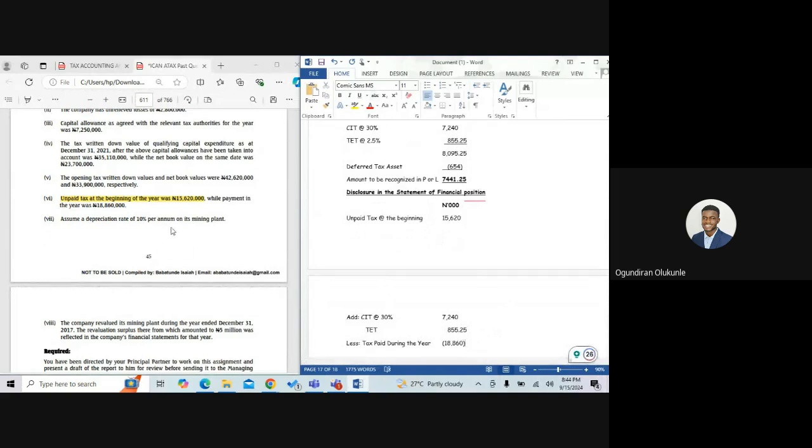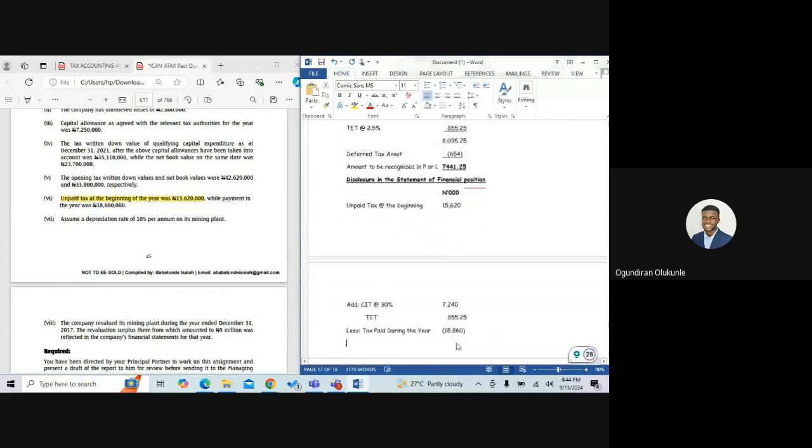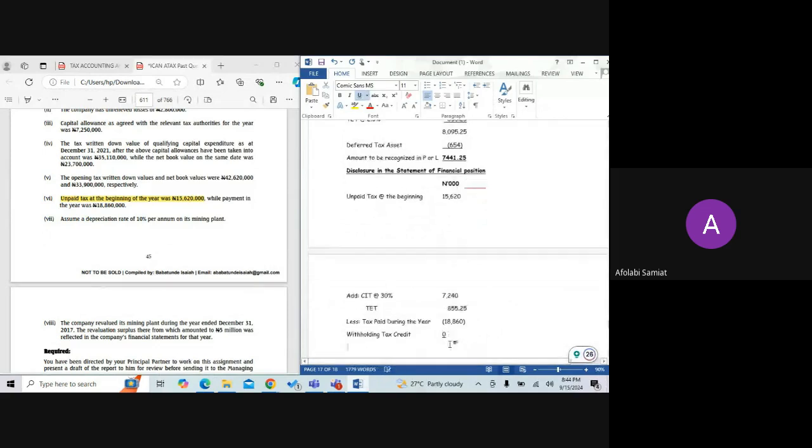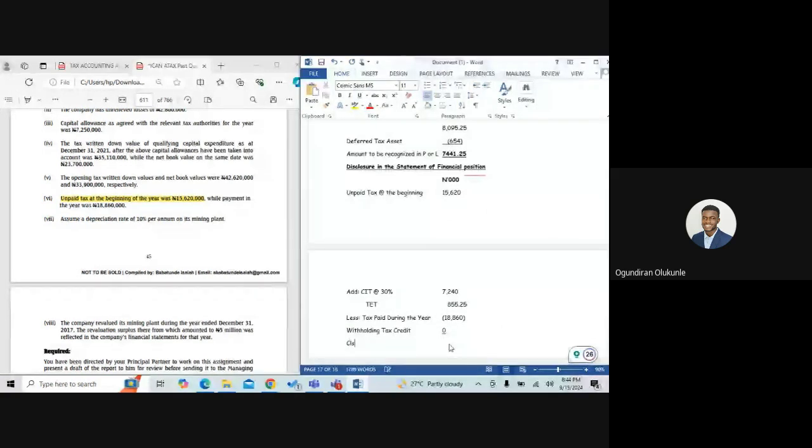Then the next thing is, are there any withholding tax credits during the year? We do not have, right? So you then say the balance or amount in SFP.